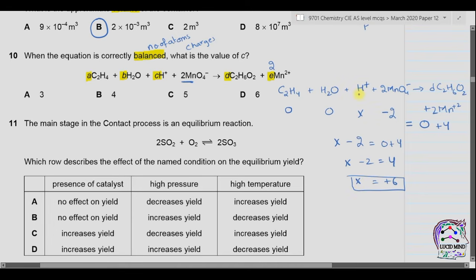As we have 1 hydrogen ion per mole, there must be 6 H plus. So C is 6. What is the value of C? They were asking about the value of C, so yes, the answer is 6, as the charges are balanced on both sides of the equation.